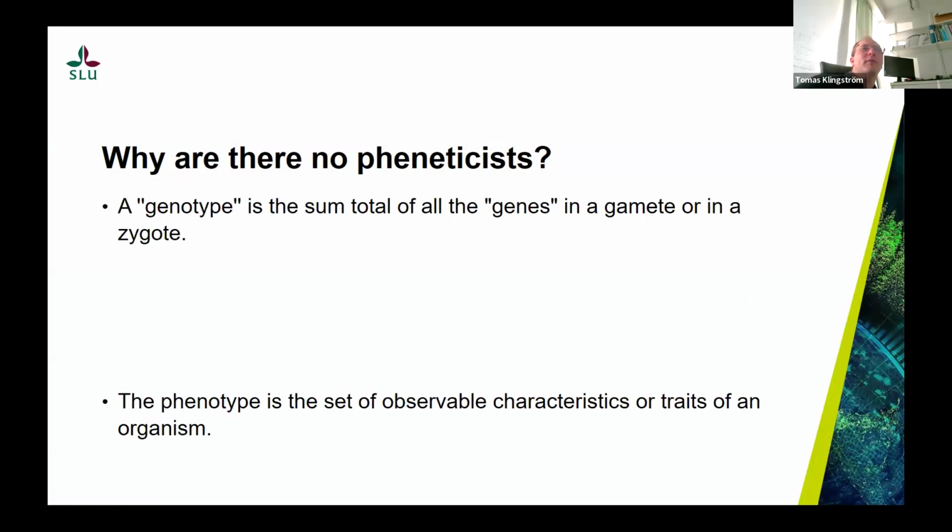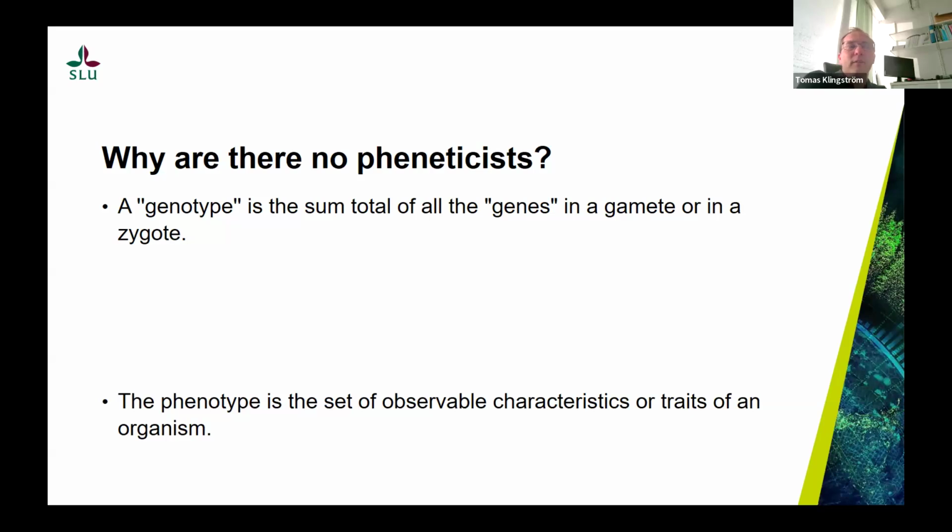If we think about it from 100 years ago, then a genotype and a phenotype were both very theoretical concepts, because we had the concept of genes as the basis of inheritance, but no one had observed DNA or understood how this information was transmitted between generations.